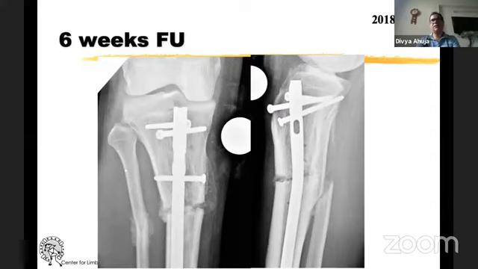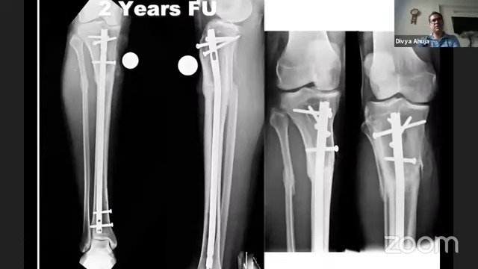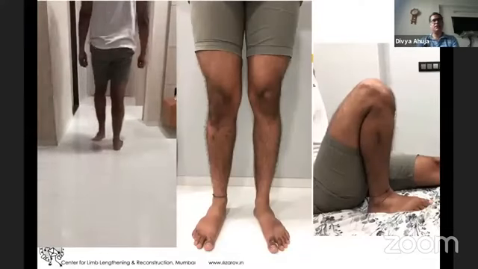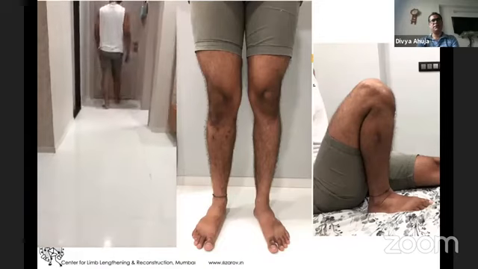He had resumed his duties, though he was still on a pair of axillary crutches, elbow crutches. This is at 2 years follow-up with good healing and normal function.